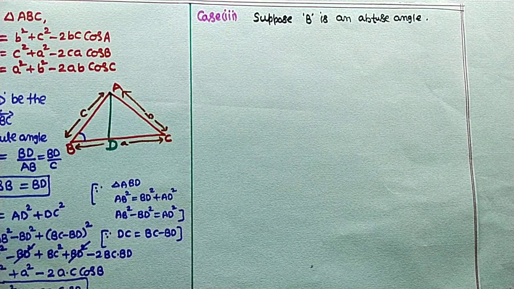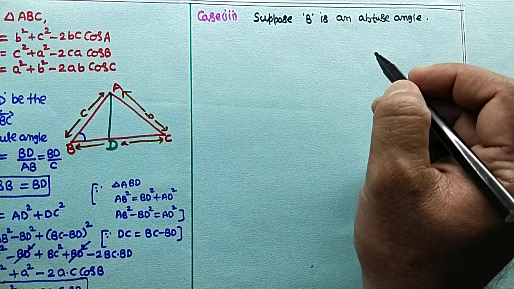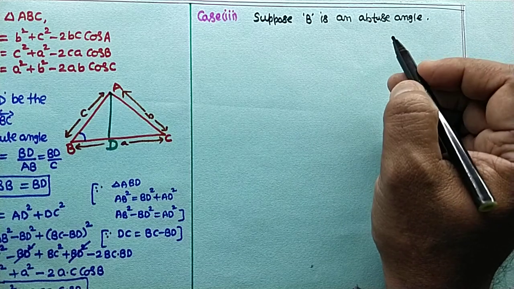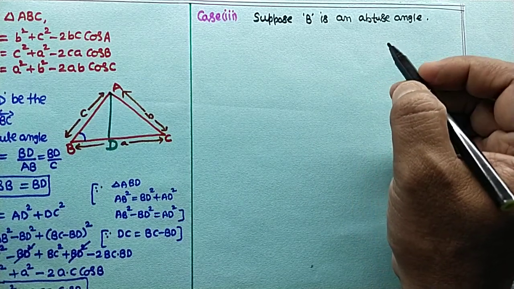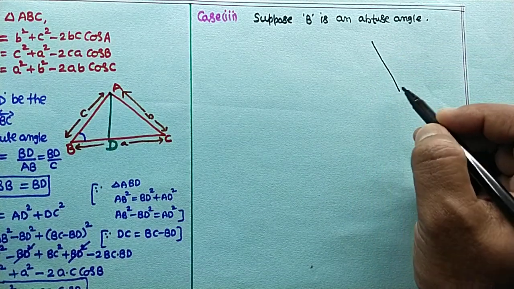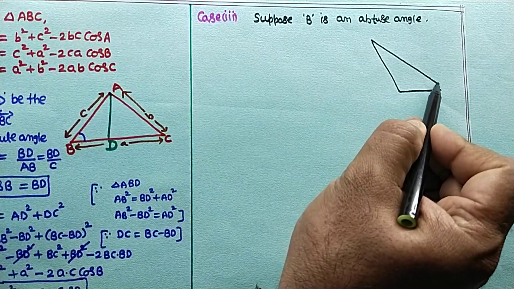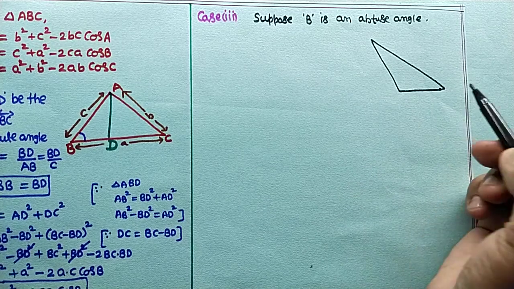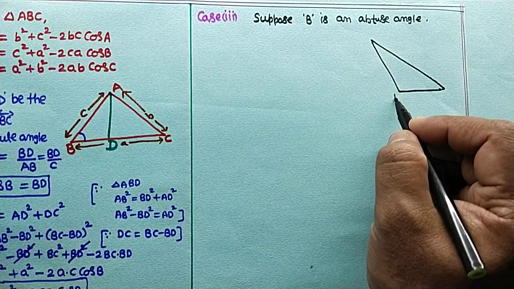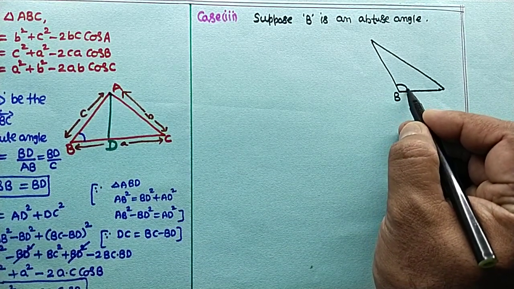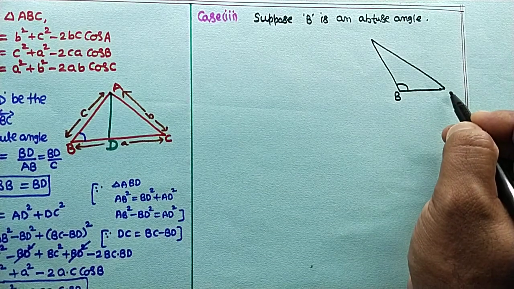According to that, you can draw the figure. So here B is more than 90 degrees only, no?